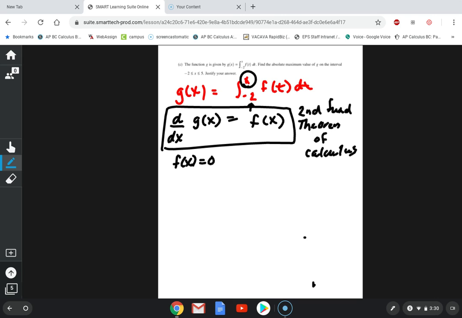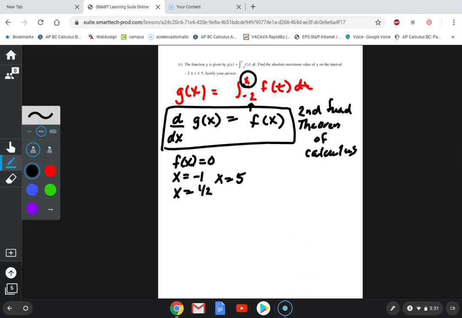We're going to go back to the chart in problem number 1, and f of x equals 0 when x equals -1, when x equals 1/2, and when x equals 5. So with that information, now we can look for the absolute max or min.